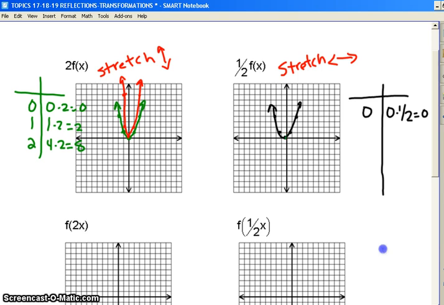Okay, so 0, 0. All right. 1 squared was 1. 1 times 1/2 is 1/2, right? So instead of going over 1, up 1, we're going to go over 1, up halfway instead. So that's going to be the same thing here on this side.